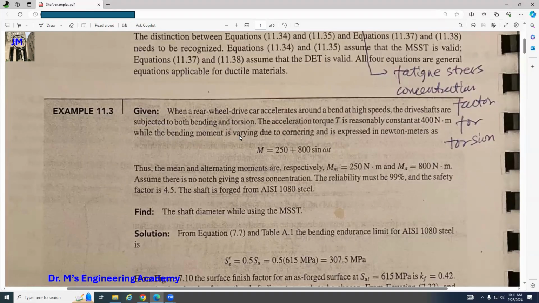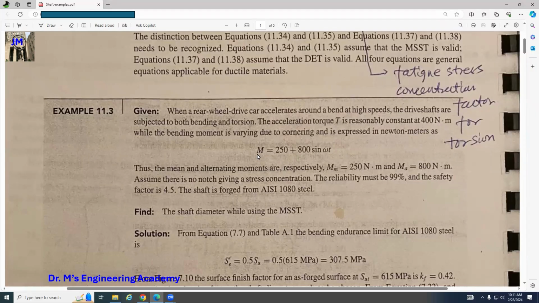Well, the bending moment is varying due to the cornering and is expressed in Newton meter. So this is the bending moment. Even though the torque is constant, the bending moment is cyclic. You understand, guys? Because the sine function is a periodic function. Do you guys agree?